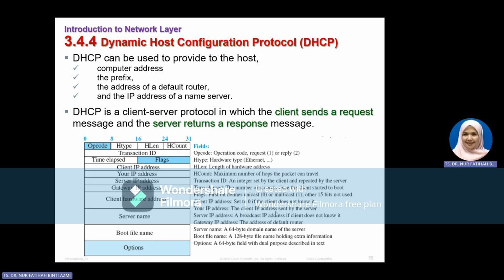So now we know that DHCP gives a device an IP address, but it's not only that. When a device gets an IP address from the server, it can also receive other important network information, which includes the subnet mask or prefix, the address of the default router, and the IP address of the name server.